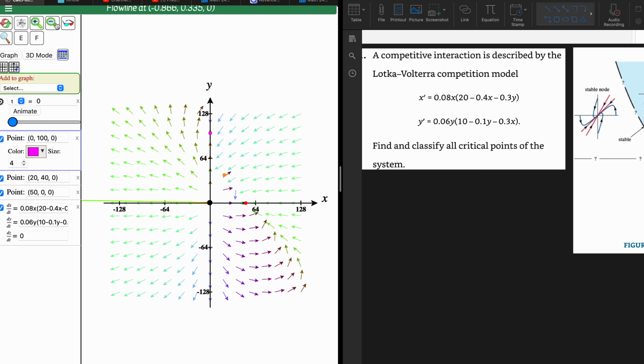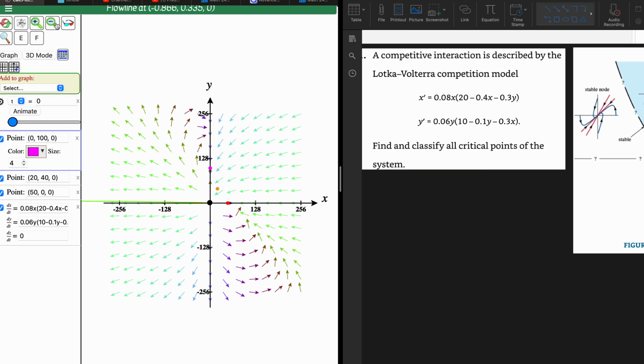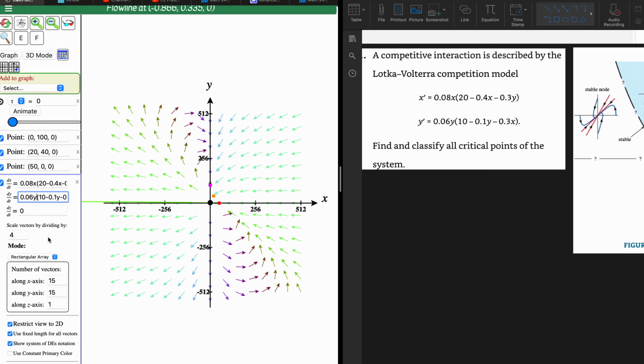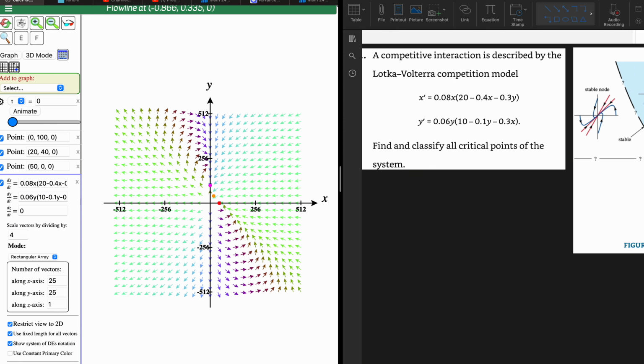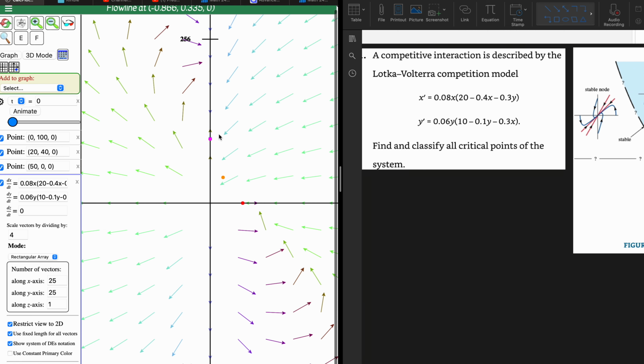Oh, now we start to see some stuff right here. Maybe we want more arrows to have a little bit more definition. So let's say we want 25 and 25 arrows here. Now we see we have our critical points here.